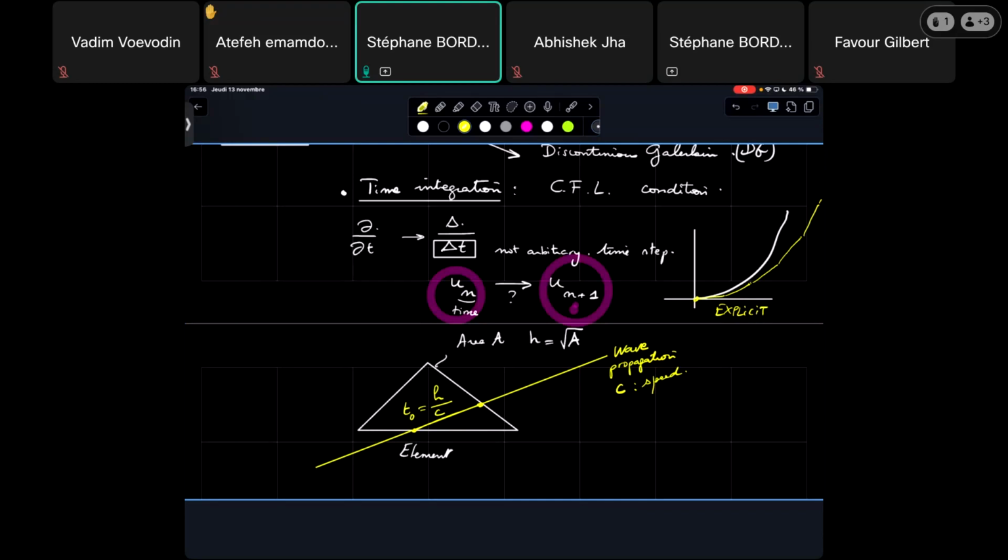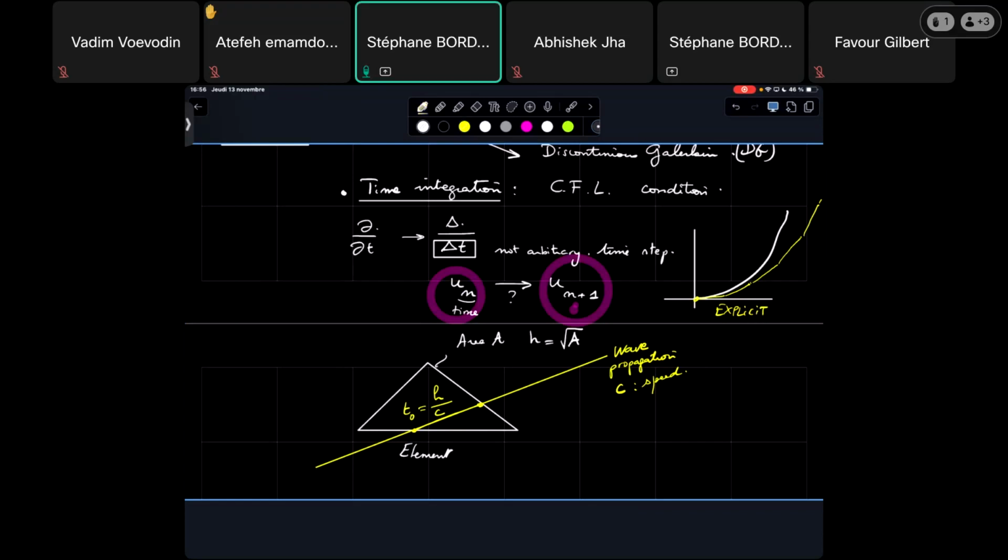That's quite easy to understand because you can take it at the limit when, let's say, your time step would be equal to the time it takes for the wave to traverse the whole domain. This is the worst case. Then in one time step, the wave is already out of the domain and you've not computed anything in the domain because your time step is too large. So that would lead to instabilities and you would be completely unable to compute anything.